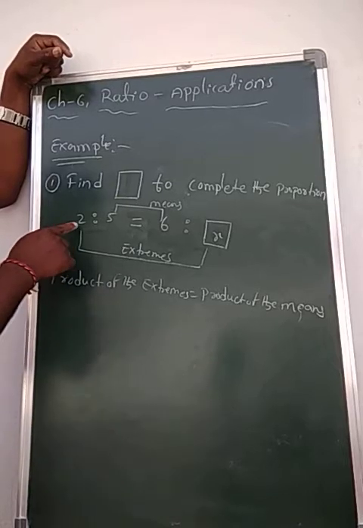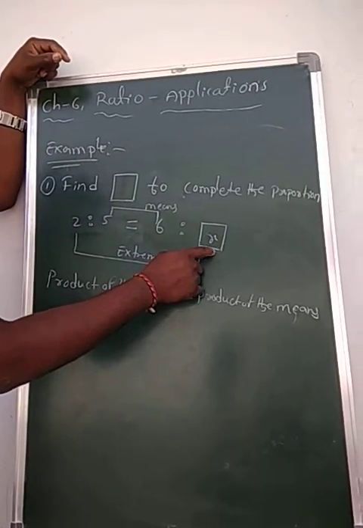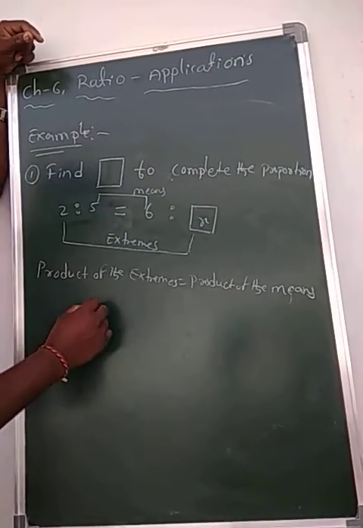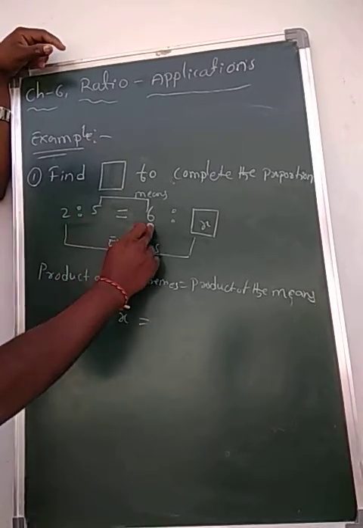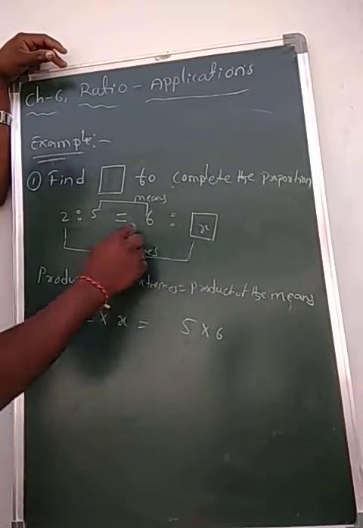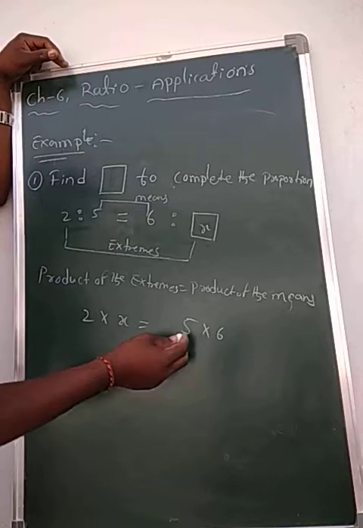What are the extremes here? First term and fourth term. Product is nothing but multiplication. So that is 2 into x is equals to 5 into 6. Product of extremes is 2 into x, product of means is 5 into 6.